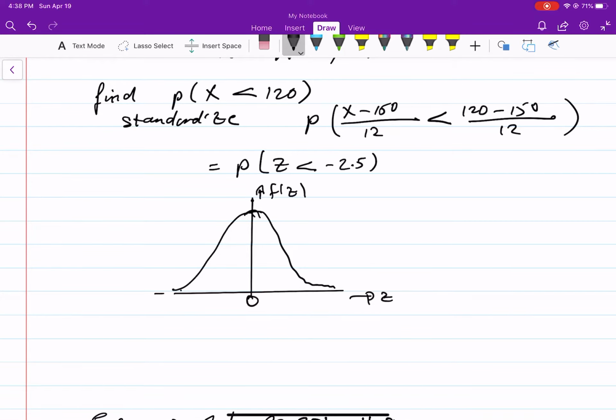This is 0, the mean is 0, remember. I'm looking for the probability that z is less than minus 2.5. Minus 2.5 is somewhere over here. So I'm looking for that area that I just shaded, which would represent the probability that z is less than minus 2.5.